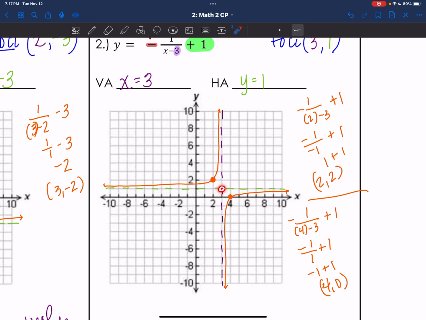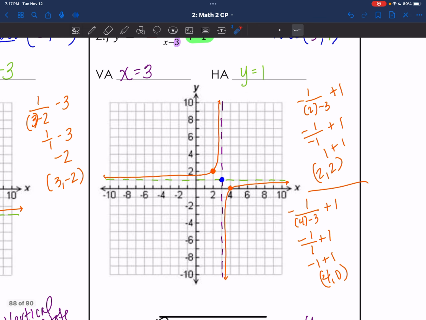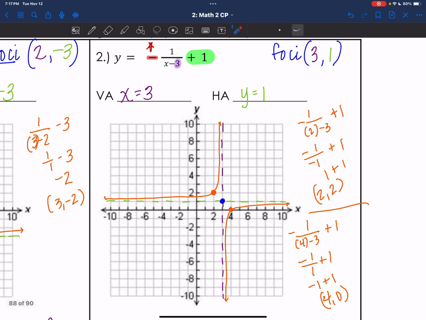They intersect at that point, which is your focus. And then now, to plot your points, if you notice, the a value is 1, and it's a negative. So we're going to go in quadrants 2 and 4. All right, so since this is 1, I usually just go one diagonal up and over, or down and over. All right, or pick a point that's 2 here, which would be 4.